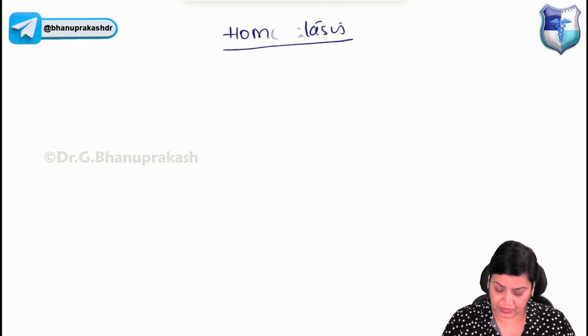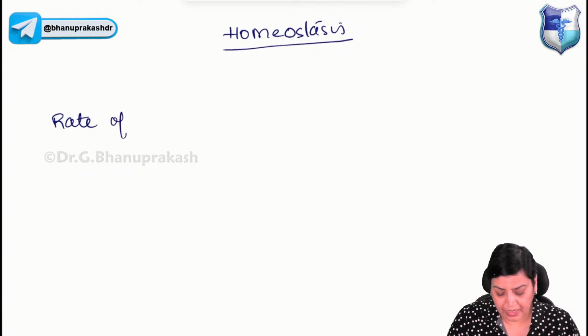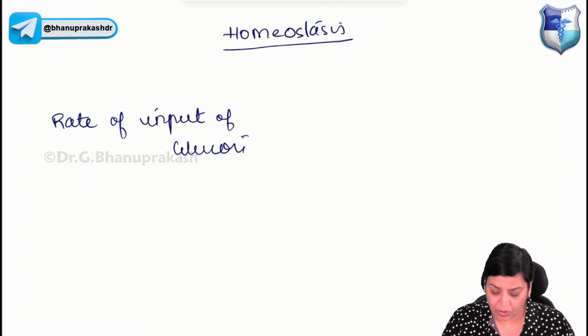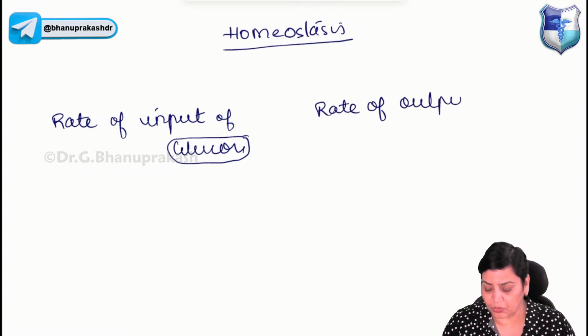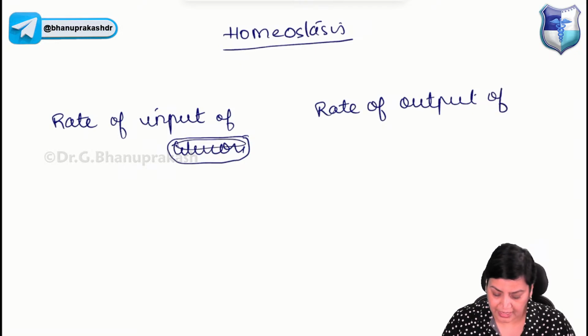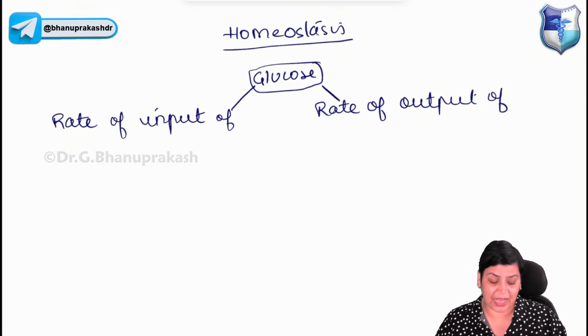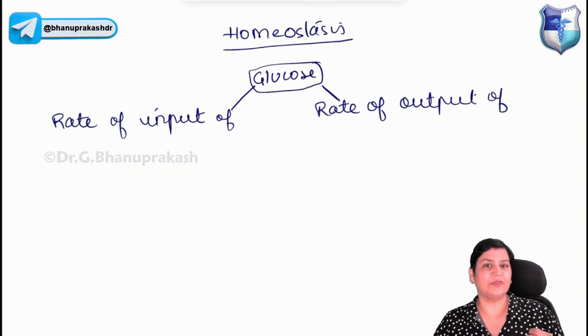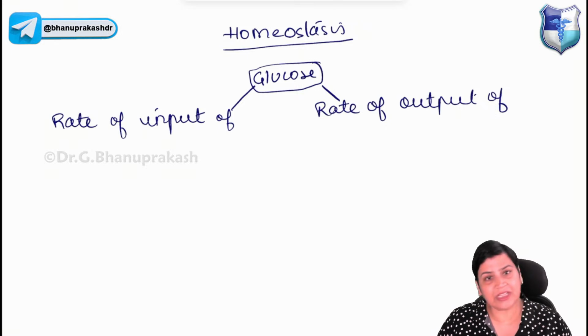Homeostasis means that the rate of input of glucose, the factors which are leading to the formation of glucose, should be equivalent to the rate of output of glucose. I'll write glucose in the center. Whatever carbohydrates we have in our diet and whatever carbs lead to the formation of glucose should be equivalent to the rate of output, meaning how glucose is utilized in the body. Clear? This is what metabolism is all about.